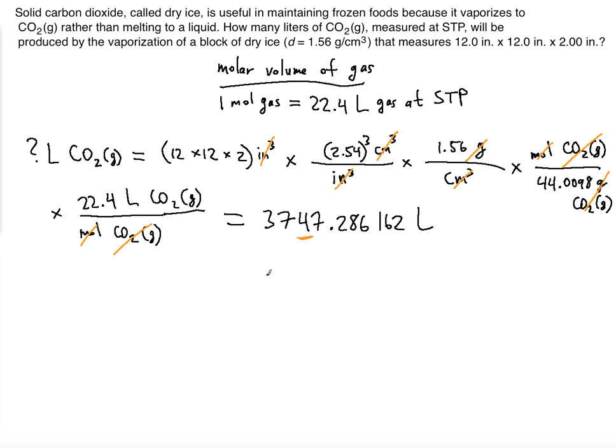So that's going to be 3,750 liters, but you have to put this in three significant figures, so you need to do 3.75 times 10 to the third power liters of CO2 gas.